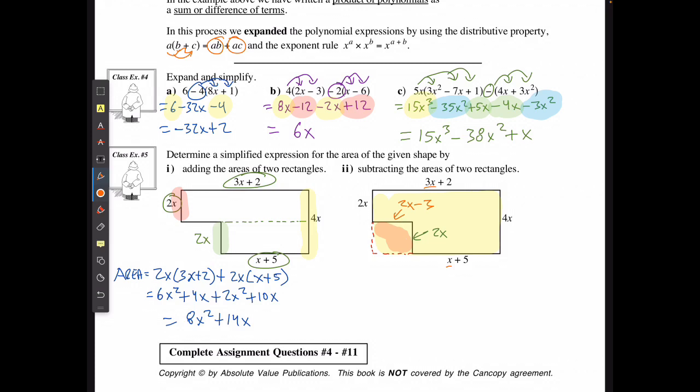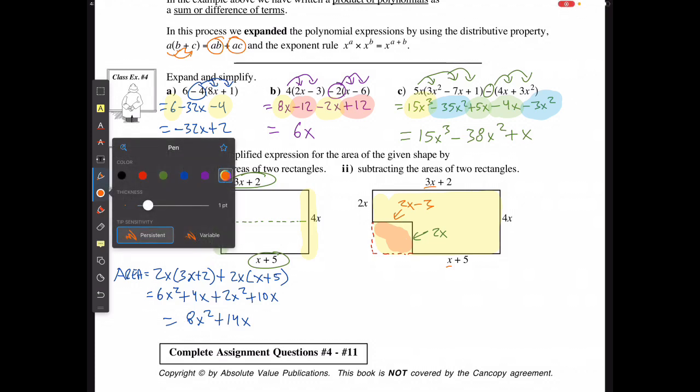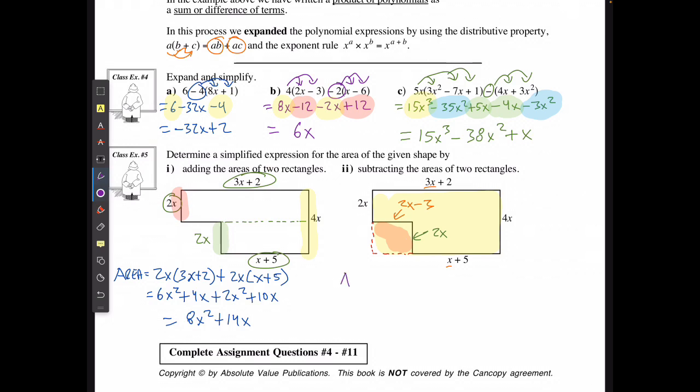Now I can say that this is going to be the bigger rectangle minus a smaller rectangle. And the area that's left over should be the same.